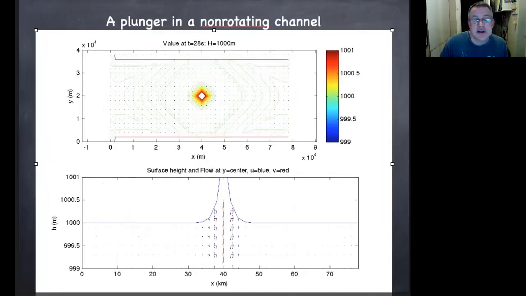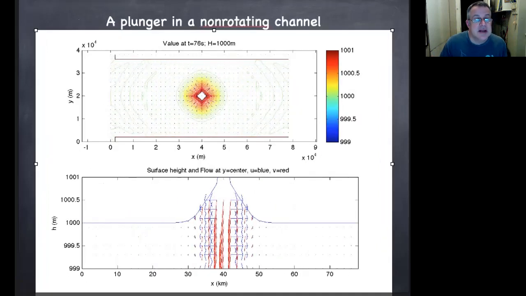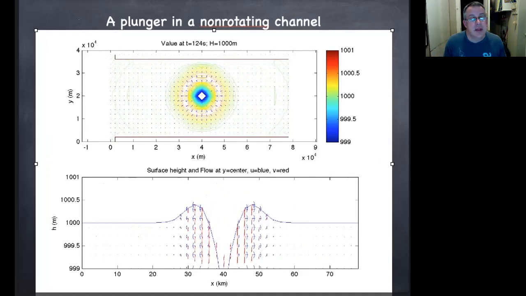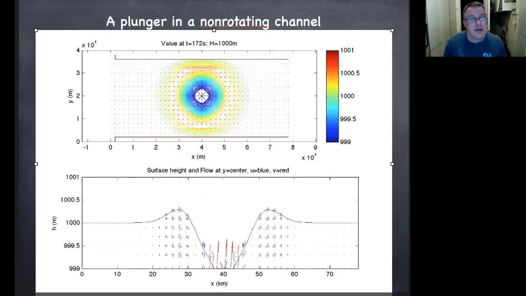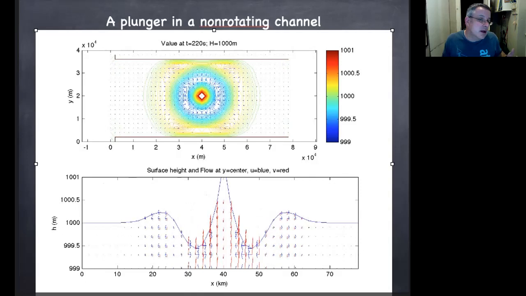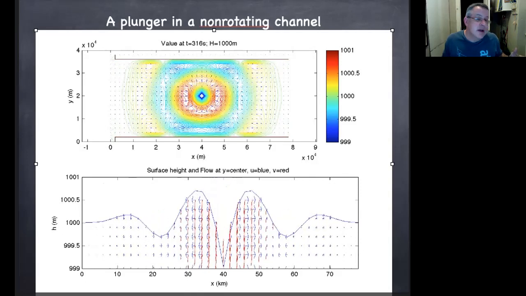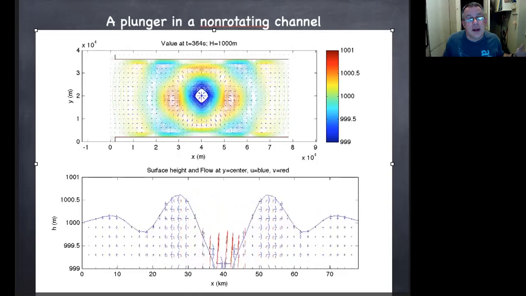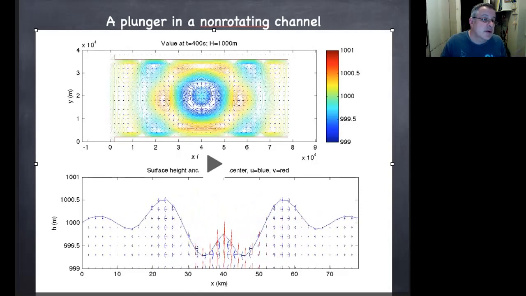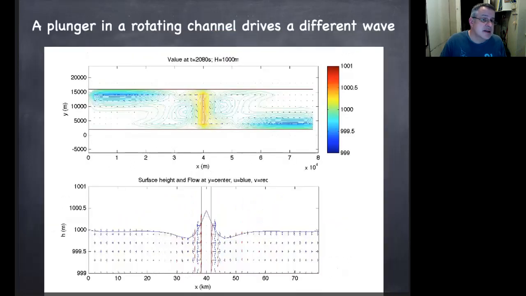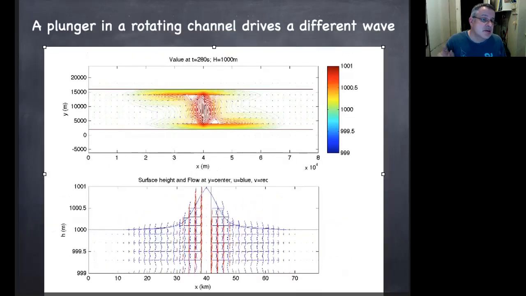If I put the plunger in a channel, you get what you expect. So we get circles to begin with. They get to the wall, they reflect a little bit, and they become more linear as they're superposing the reflected wave with the propagating wave. And over time, they get more and more linear as they get farther and farther away from the original circular feature. This is probably what you would guess. If I had asked you to draw these crests and troughs, you probably would have done a decent job in both of these cases. What happens if the channel is rotating?